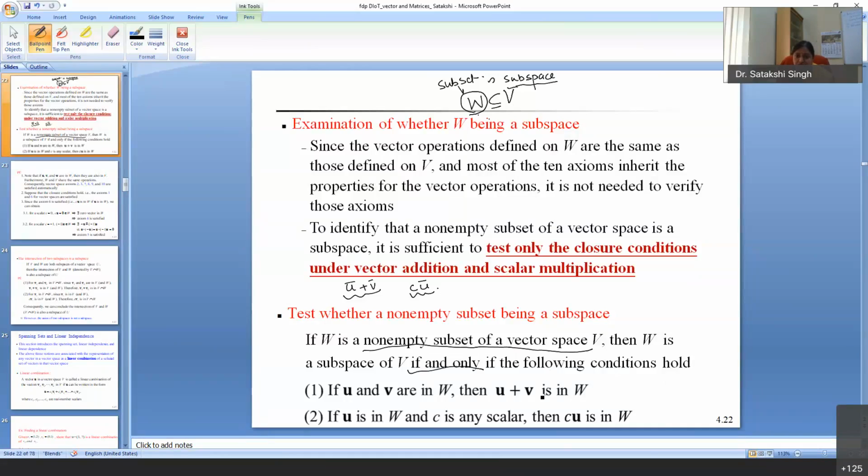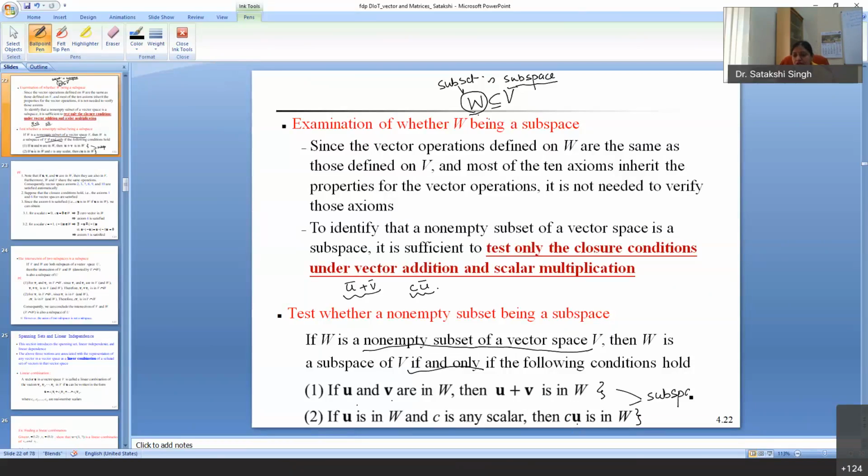The first condition is that for any arbitrary vectors u and v in W, their sum u plus v should also be in W. The second is that if we take u, any arbitrary vector from W, and c is any scalar or real number, then c times u should also be in W. If these two properties are satisfied, then W is a subspace.